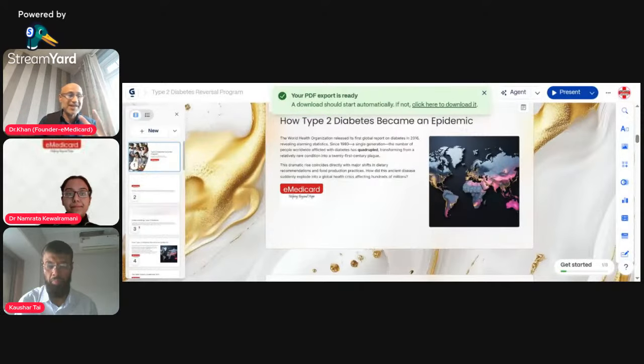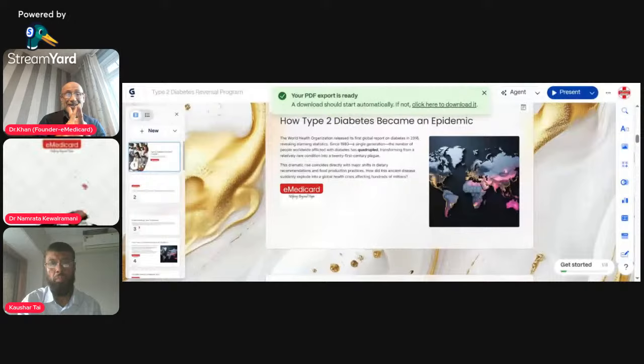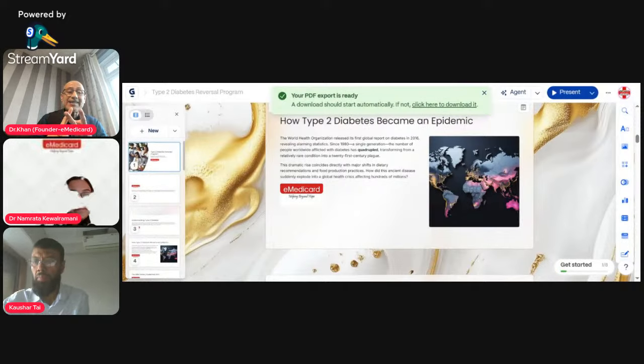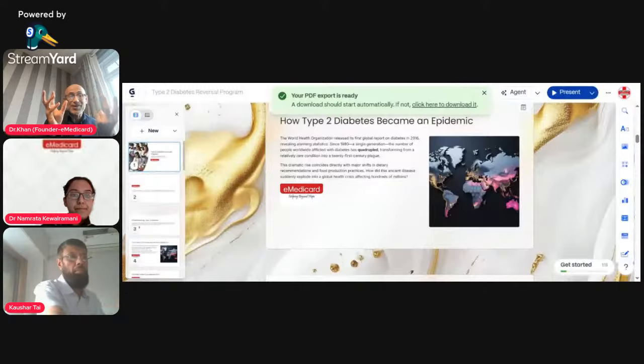Because of two reasons. One is the dietary recommendations of 1977 by the American Diabetic Association. That's one of the reasons why we are seeing a global rise in diabetes after the 1980s, after their dietary guidelines. And second is the food production practices. Because of GMO food, the structure of the food is being altered.